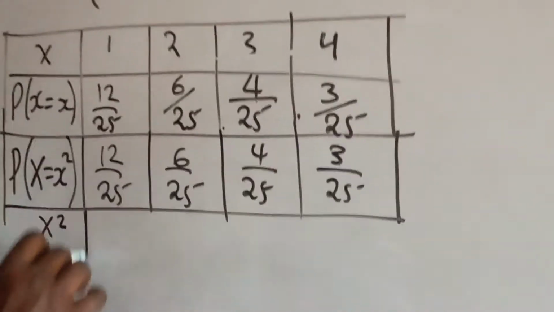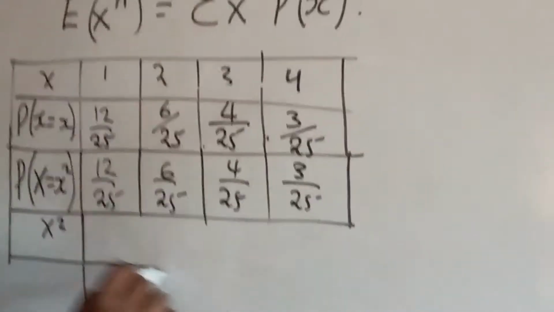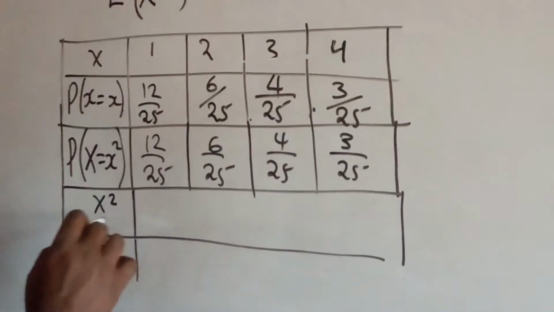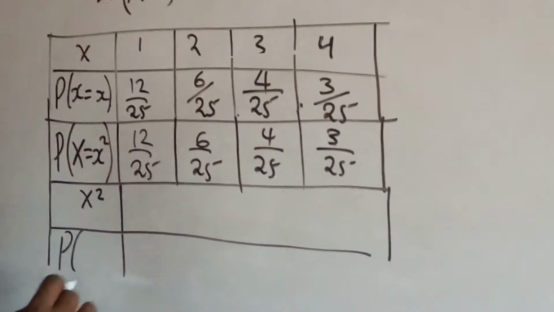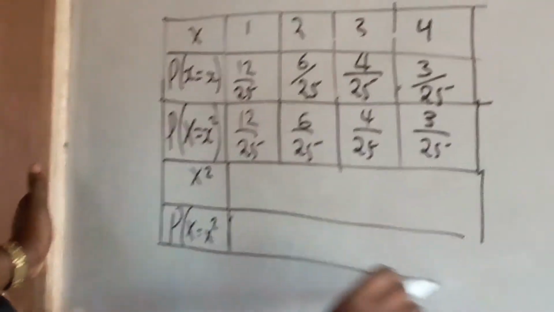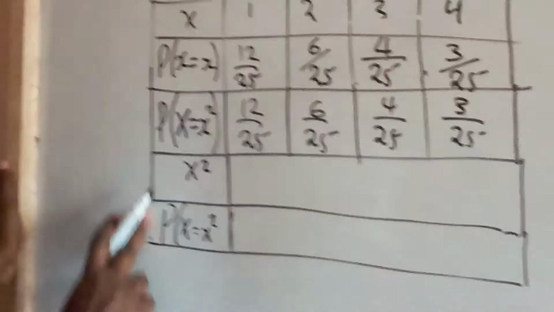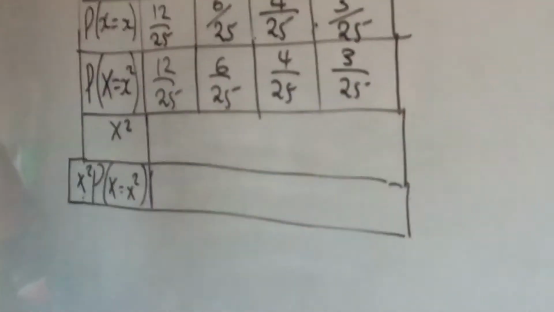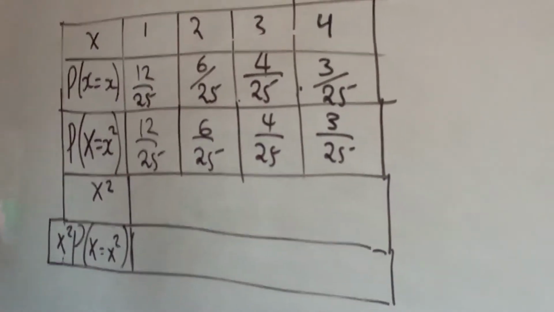Let us bring the value of x squared there, so that when we have the probability of X equals x squared, then we can have another column of x squared multiplied by the probability of X equals x squared.